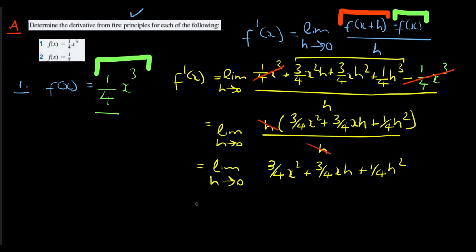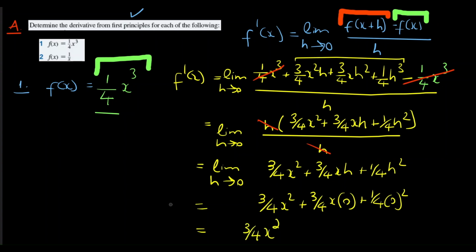We go ahead and substitute 0 for h. We have 3 over 4 x squared plus 3 over 4 x times 0, plus 1 over 4 times 0 squared. Then our final answer will be 3 over 4 x squared, and we get all our marks.